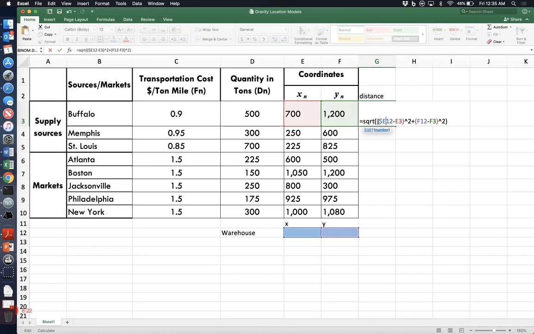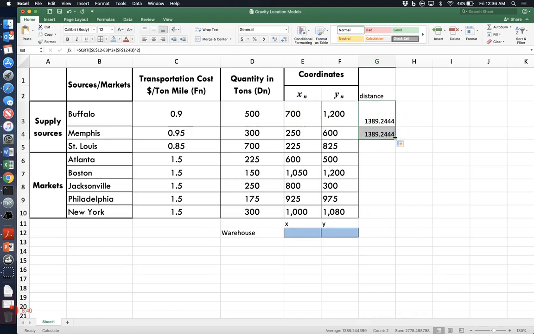I'm going to make that $E$12. So the distance here is the distance between the warehouse and Buffalo, and this is the distance between warehouse and Memphis, and so on.